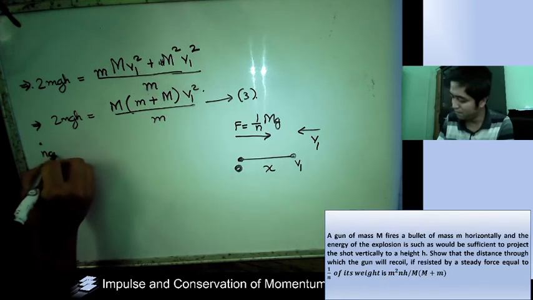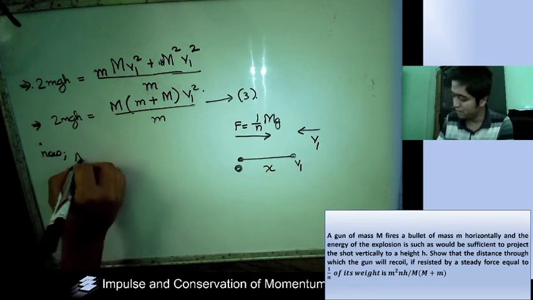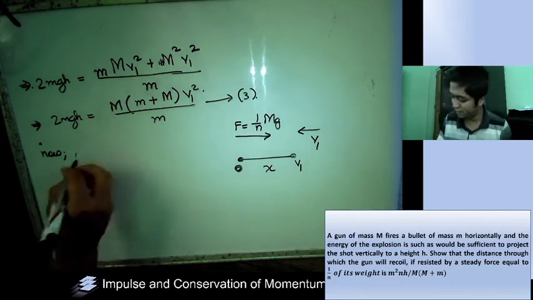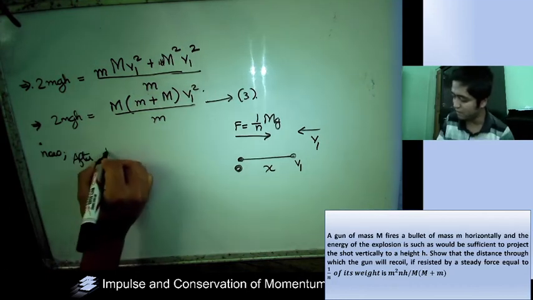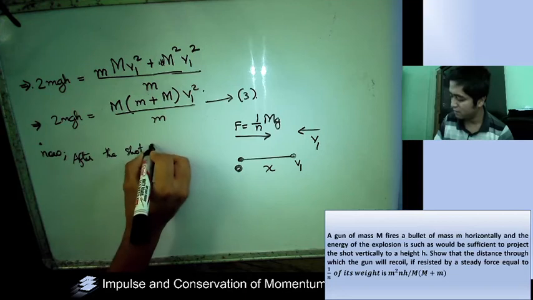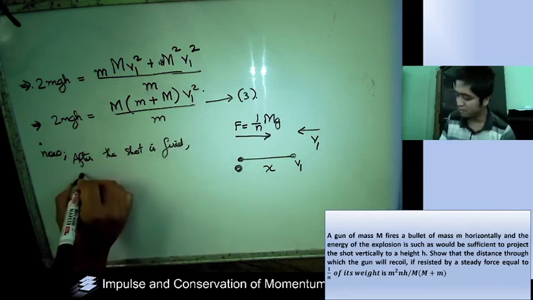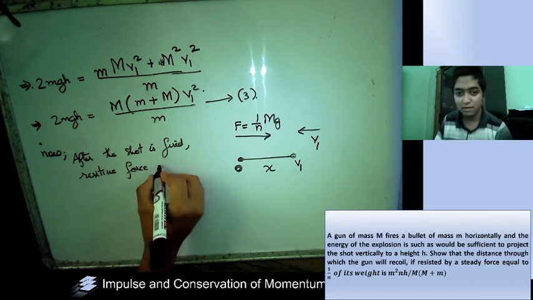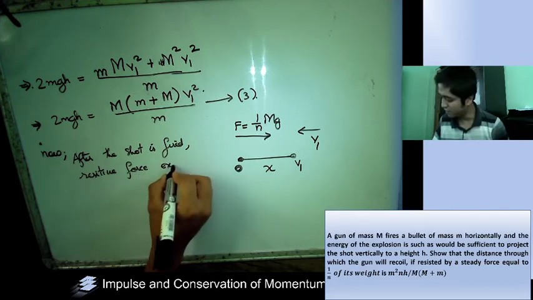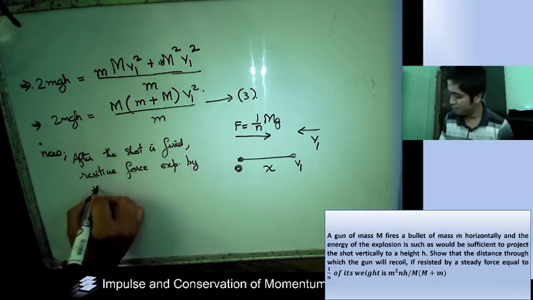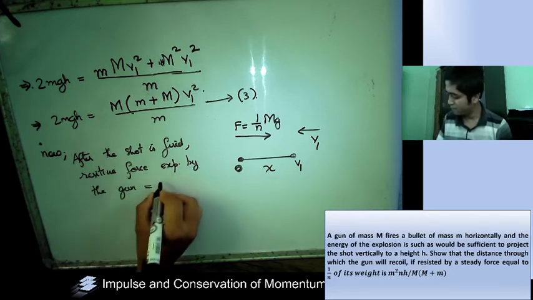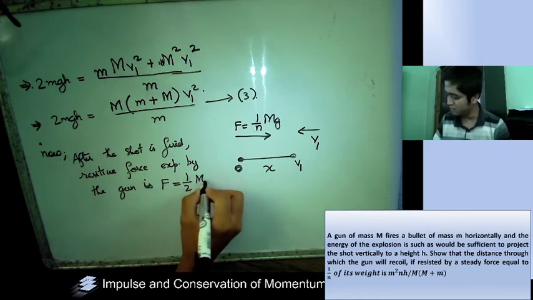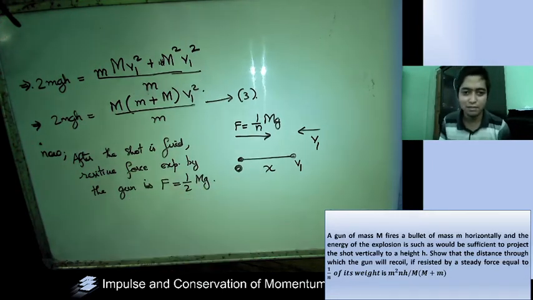Now after the shot is fired, the resistive force experienced by the gun is F equal to 1 by n times its weight. So it's this one.